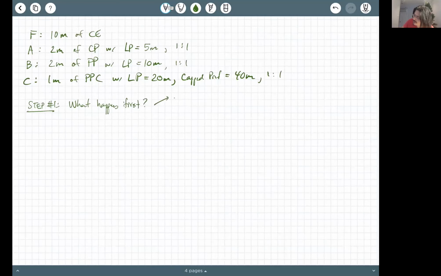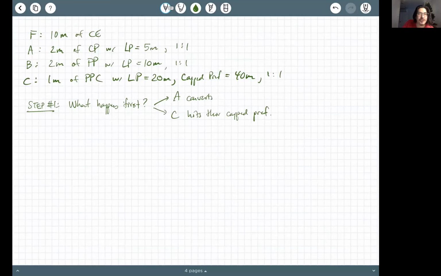It's either A converts or C hits their capped preference.